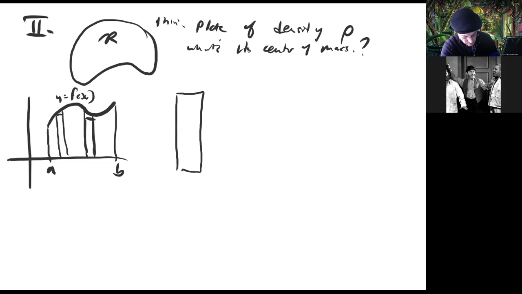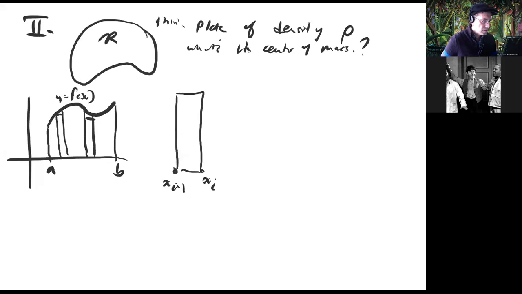Okay, so maybe the left-hand endpoint is x_{i-1}. The right-hand endpoint is x_i. So now let's say the width of the rectangle is delta x. Now the centroid of a rectangle is located at the center of the rectangle, so that would be the point (x_{i-1} plus x_i) over 2.